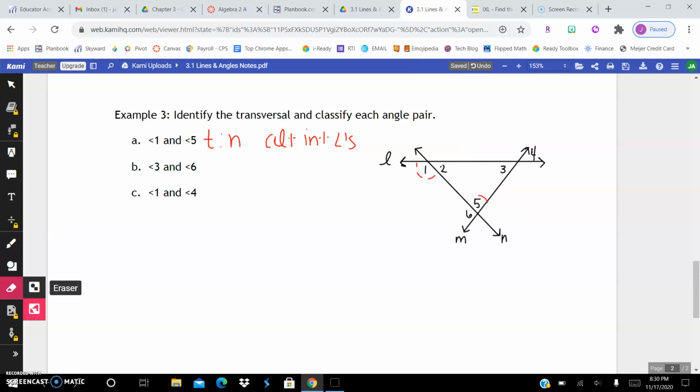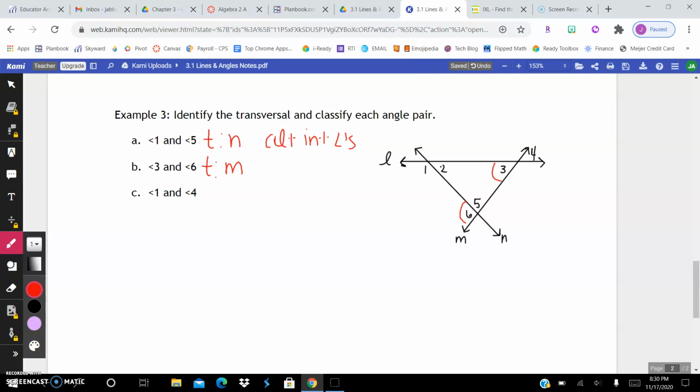And now for the next one, we're going to look at angles 3 and 6. So here is 3 and here is 6. And it looks like line M is the transversal there. It's going through both of those angles. And then what kind of angles would those be?